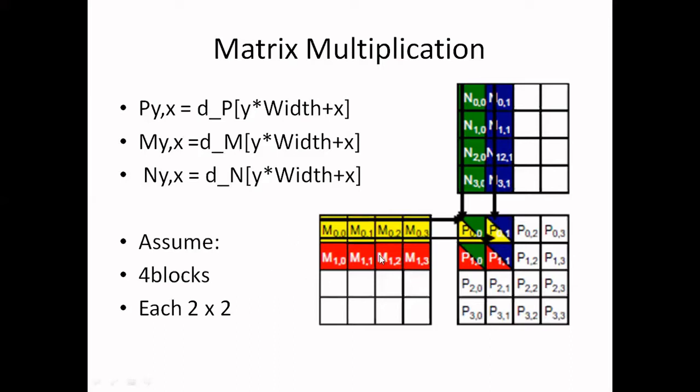Here you can see for this first block we have P00, P01, P10 and P11. For this calculation, what you need is these 2 rows and these 2 columns. If you analyze it nicely, you will see how the threads are accessing the data.